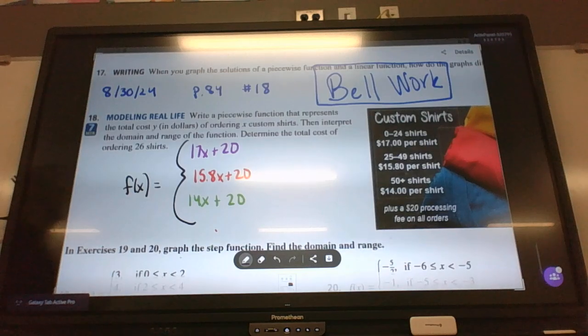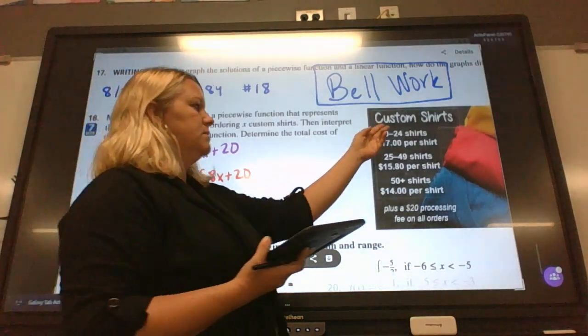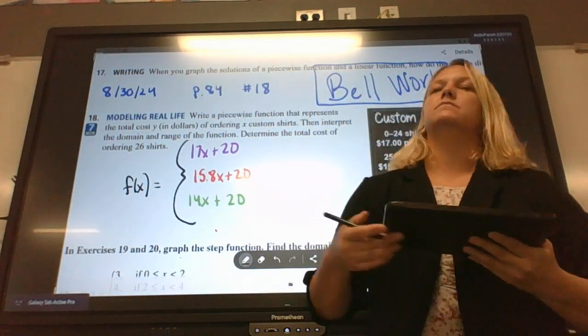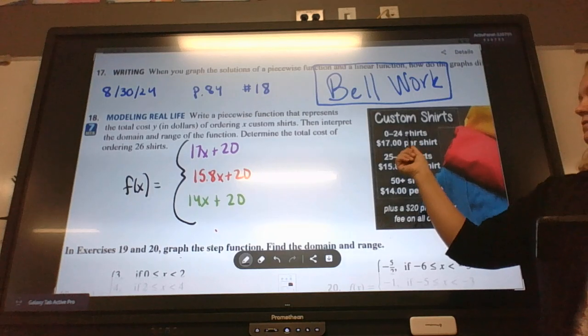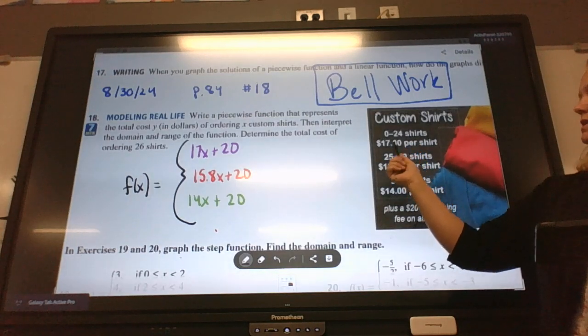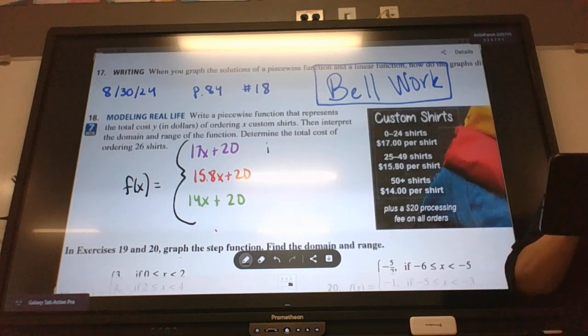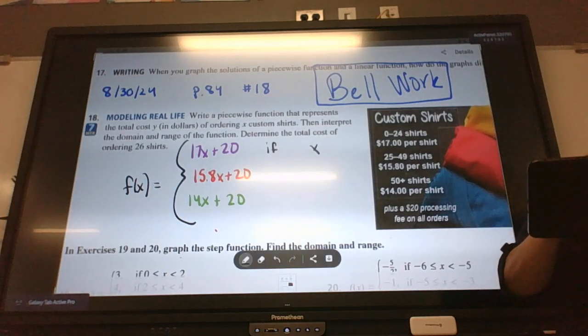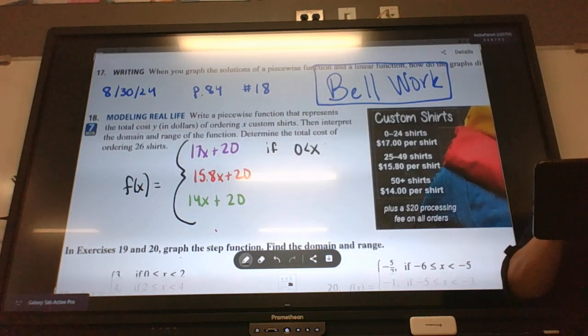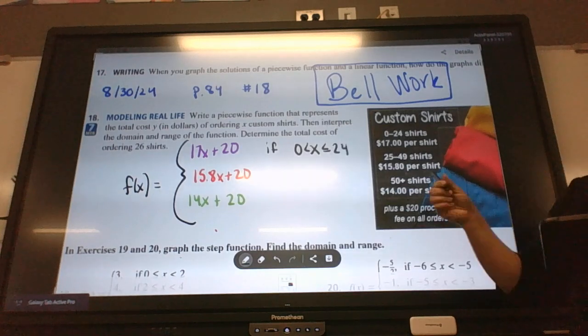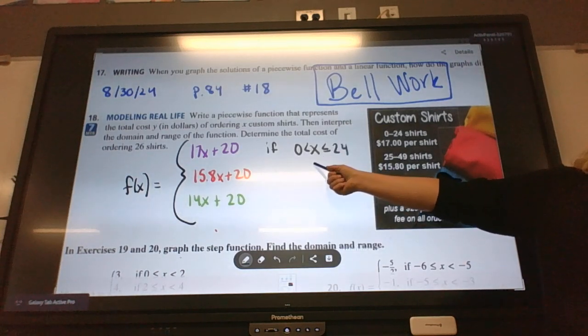So now we need to somehow indicate using our math symbols these ranges. So we only get this price if we order between 0 and 24 shirts. So I'm going to say this is for x more than 0, less than or equal to 24. And then x represents t-shirts.